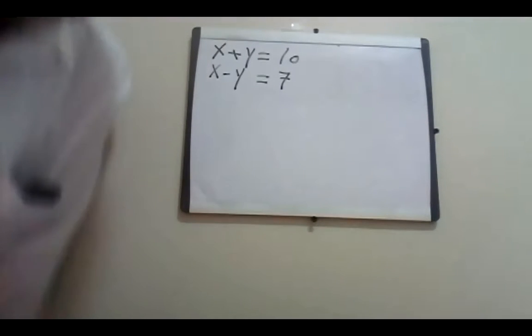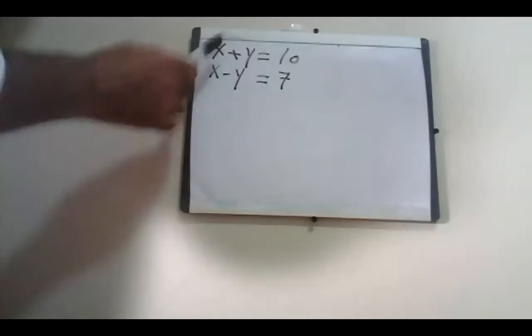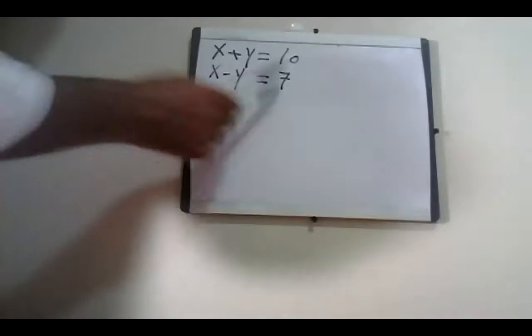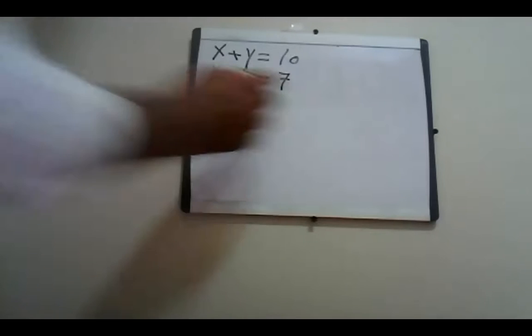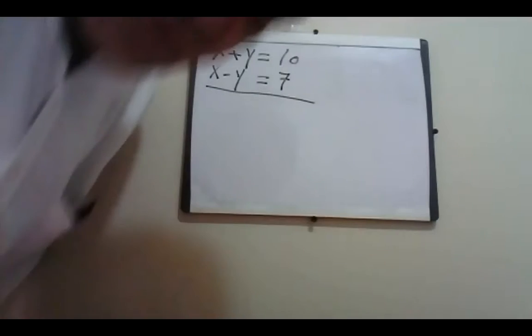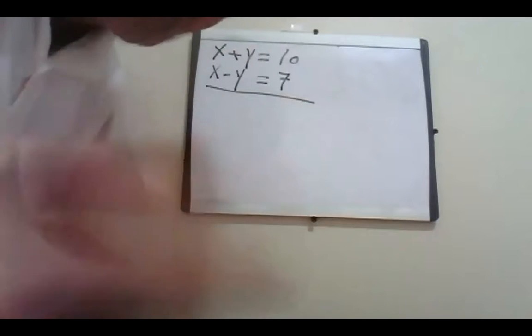Okay, here it is. So those are the two equations which I have. X plus y equals 10, and the second one, x minus y equals 7. Let's see what we will do in those two equations. First of all, I have to get rid of one of the two variables. So I will get rid of the x or I will get rid of the y.